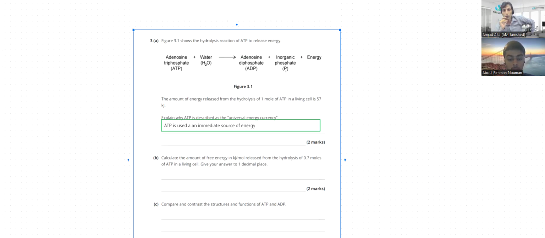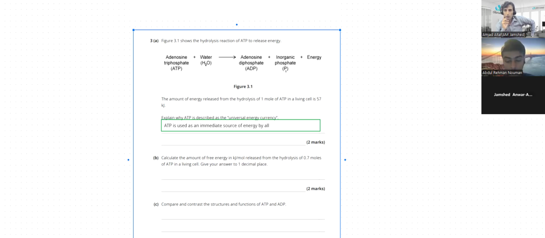And calculate the amount of free energy in kilojoule per mole released from the hydrolysis of 0.7 moles of ATP in a living cell. Give your answer to one decimal place.